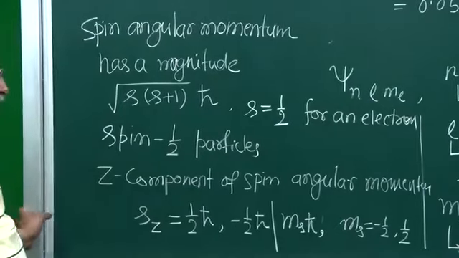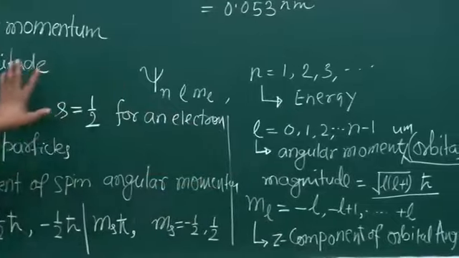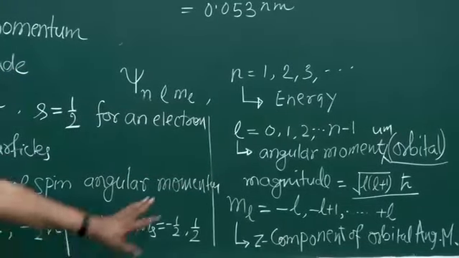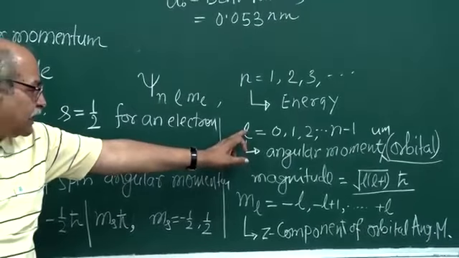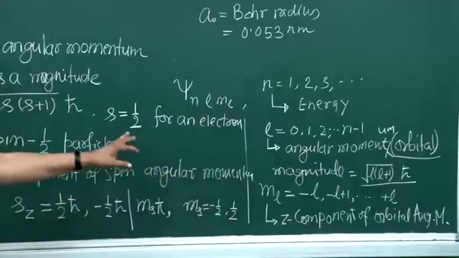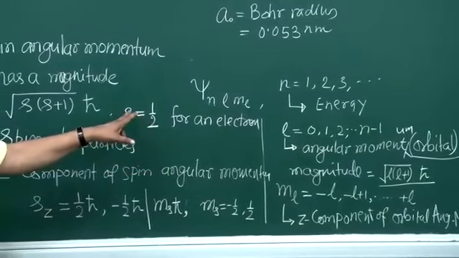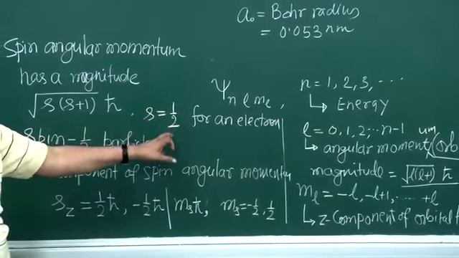Okay. So it's almost a similar structure: orbital angular momentum, spin angular momentum. For orbital angular momentum, the magnitude is given by this number L, which can take different integral values, but for spin angular momentum, this is given by S, and S has a fixed value 1 by 2.